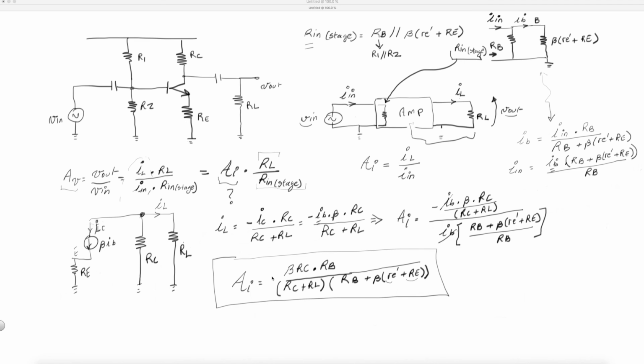Okay, and let's not forget the minus that we have right here. And hopefully that should conclude it for AI.